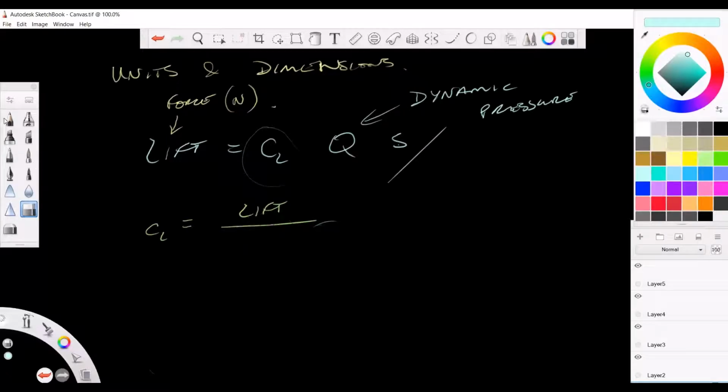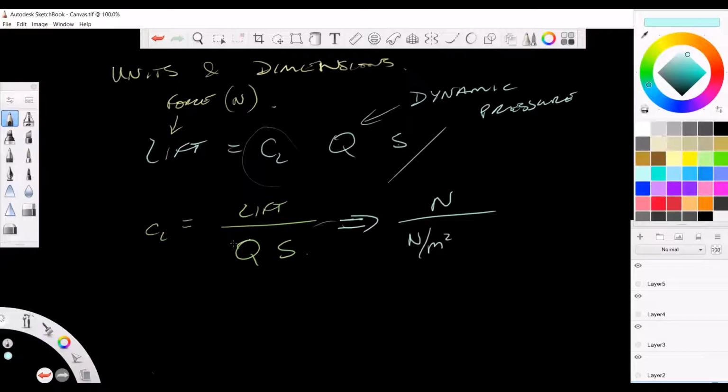So what we have here then is a bit of a different thing. Coefficient of lift is lift divided by QS. The unit of lift is newtons. The unit of pressure is newtons per square meter.